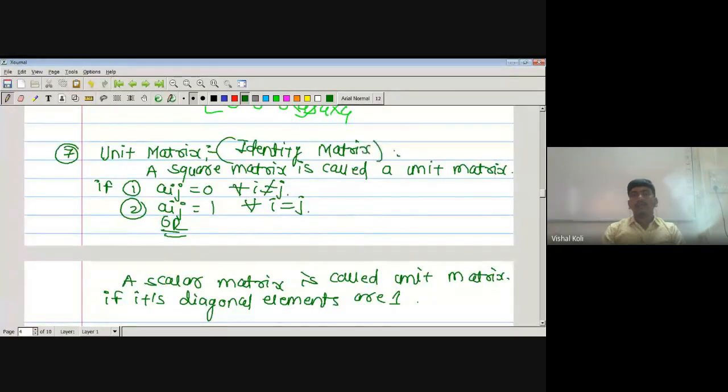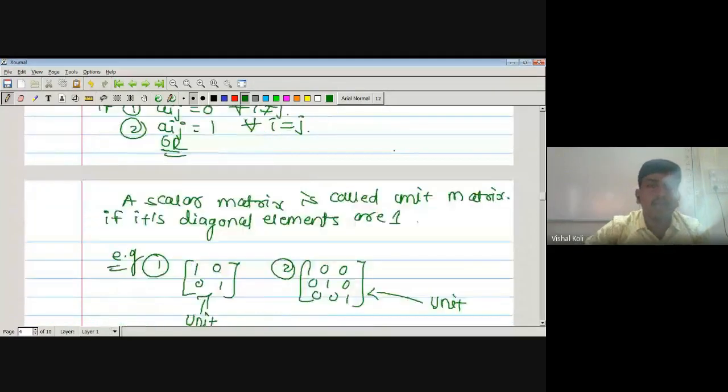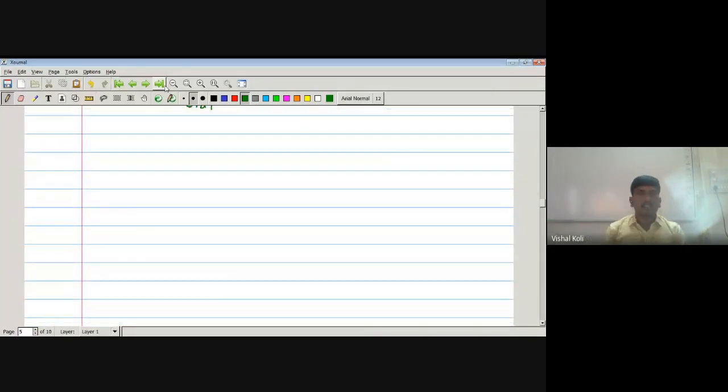Okay. Now the eighth type will be an upper triangular matrix.